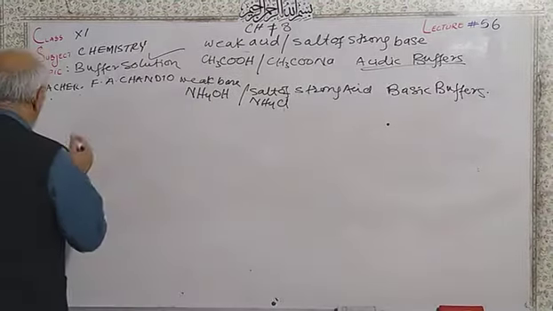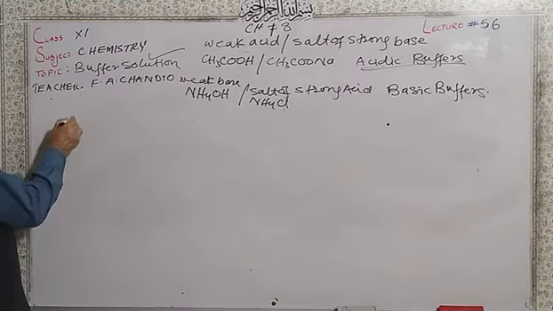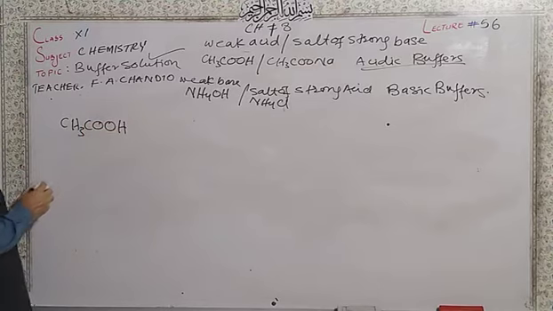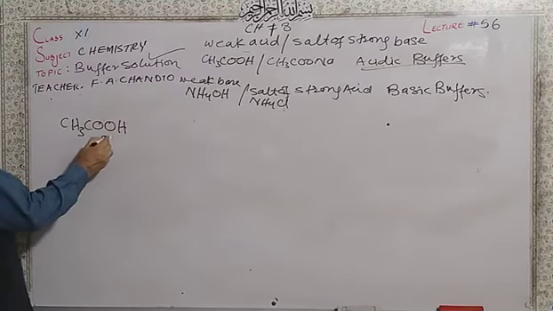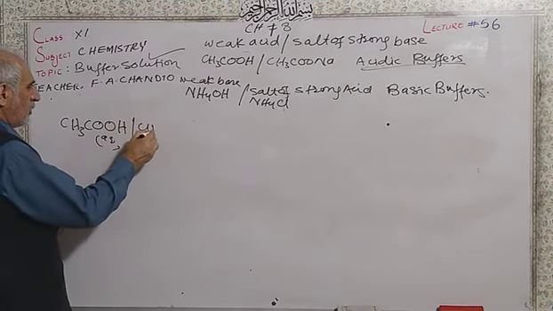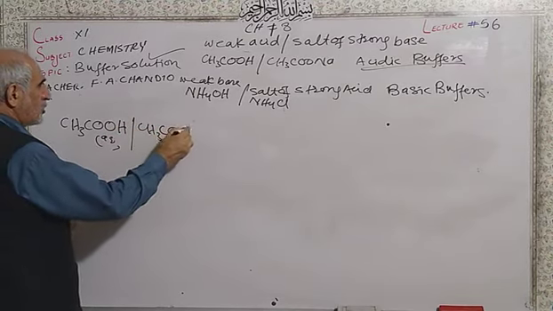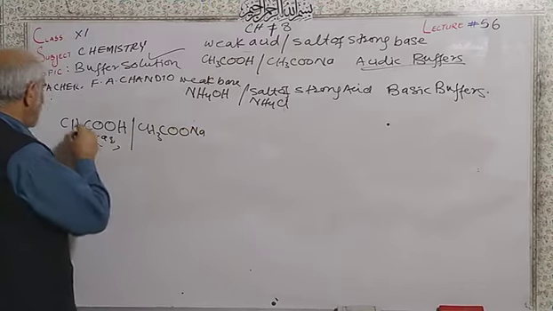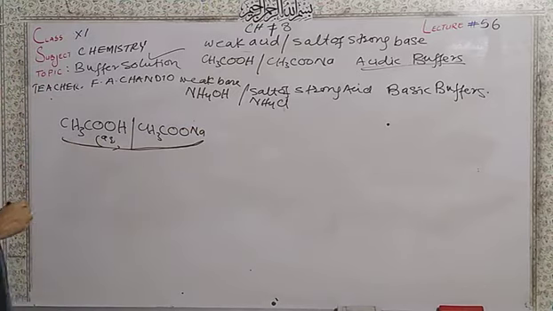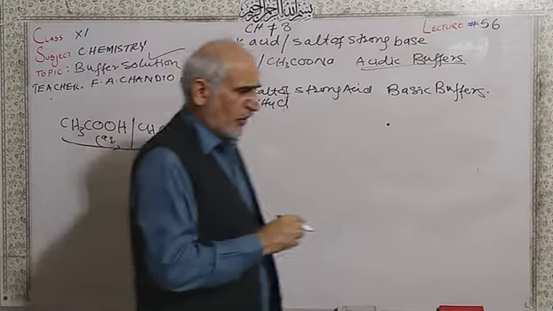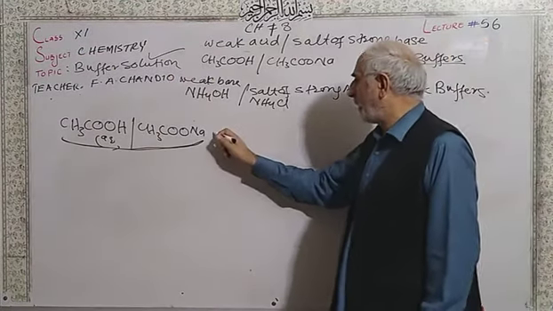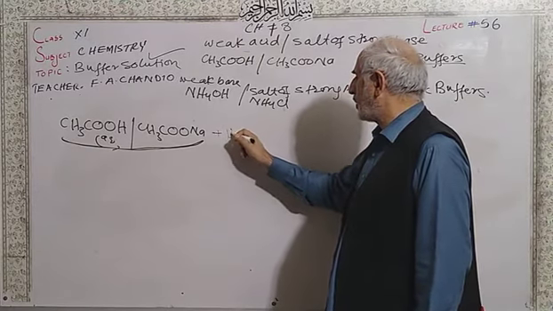Suppose this is acetic acid, and this is the salt of a strong base. This is the buffer. You prepare this buffer solution and you want to check whether this buffer solution is good or not, whether it maintains pH after addition of a strong acid.